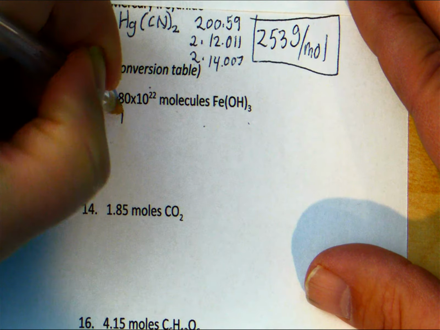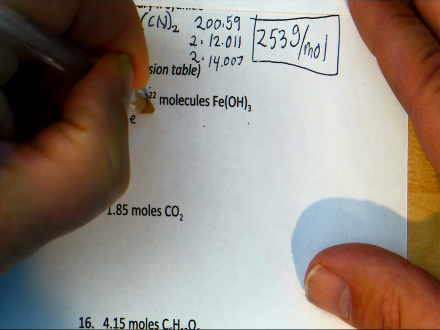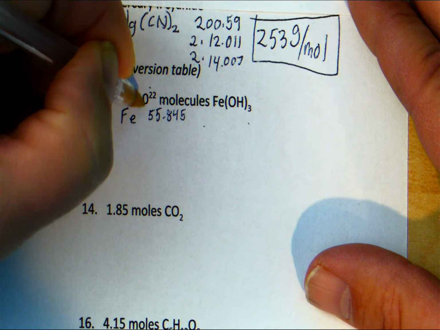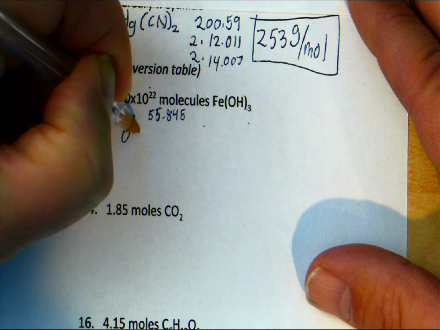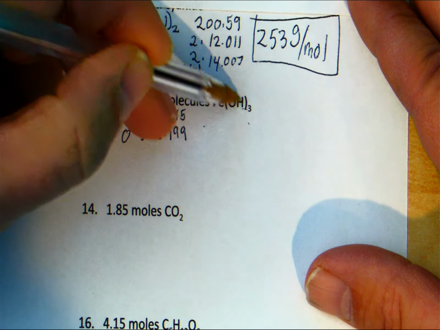So iron is 55.845 atomic mass units. I have 3 oxygens. So for the oxygen, it's 3 times 15.999. I have 3 hydrogens.